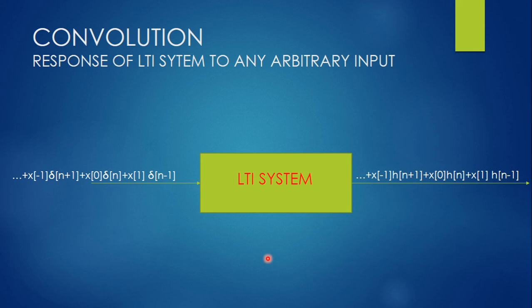That is the advantage, that is the main basis of the analysis of the LTI systems. What you need is only its response corresponding to delta[n]. That is known as the unit impulse response, that is h[n].